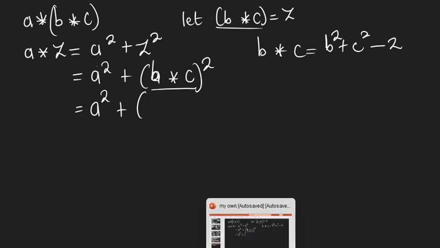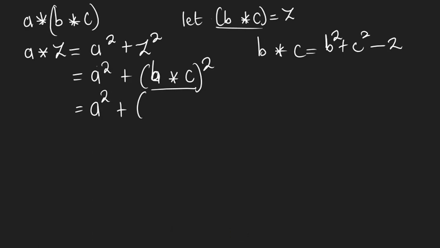All right. So like I was saying, inside here we are performing an operation. Every time we perform star, we introduce B to the power 2 plus C to the power 2 minus 2. That is what the equation is saying, so I'm going to replace it there. This becomes A to the power 2 plus B to the power 2.